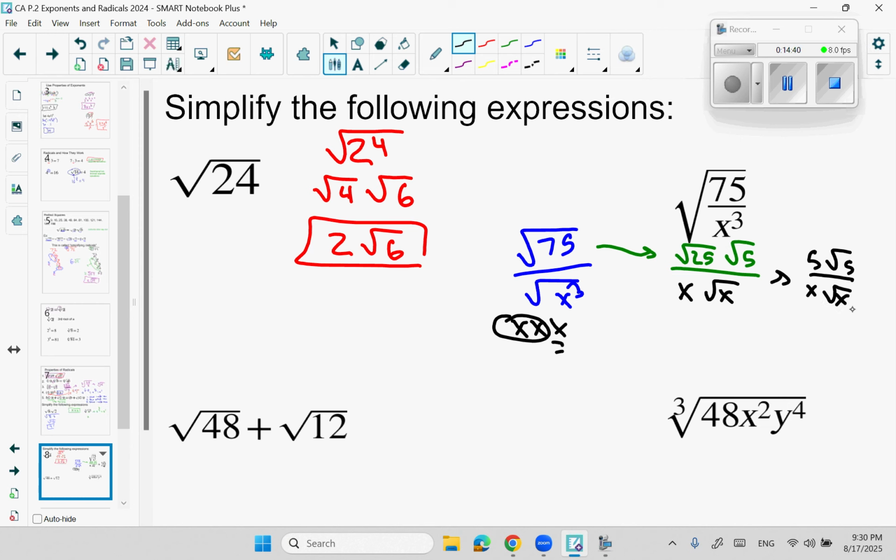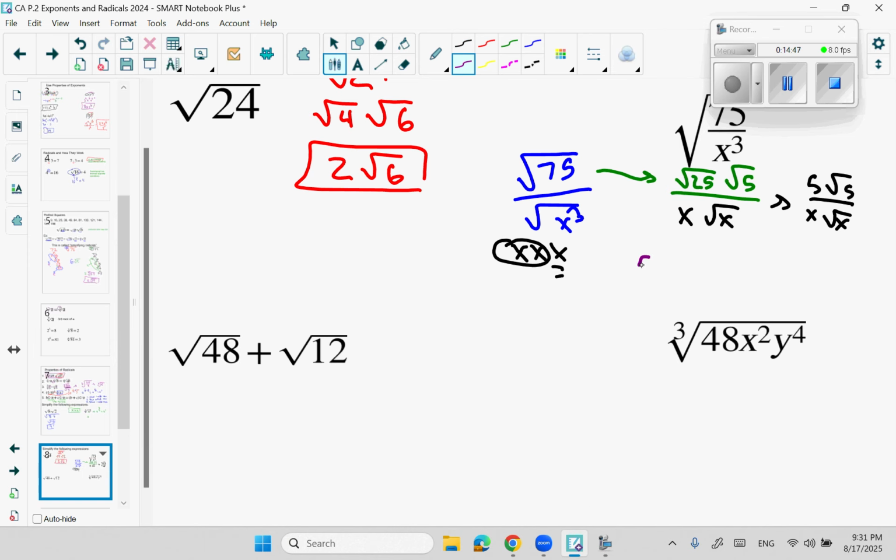Commonly, you don't want a radical in the denominator. So I have 5 square root 5 over x square root x. You typically do what's called rationalizing the denominator. I'm going to multiply both by the square root of x.